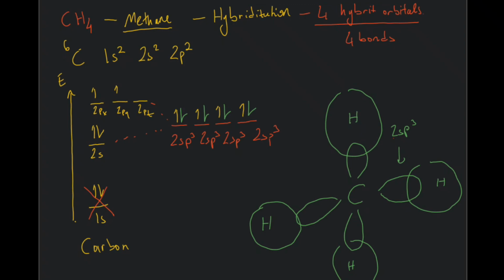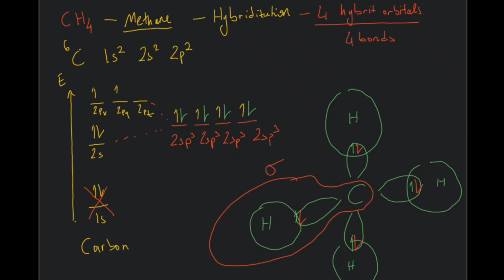Carbon has sp3 hybridization, and each hydrogen has 1 electron, and these are the electrons for the hydrogen and for the carbon. If you look at this bond, this is a sigma bond.